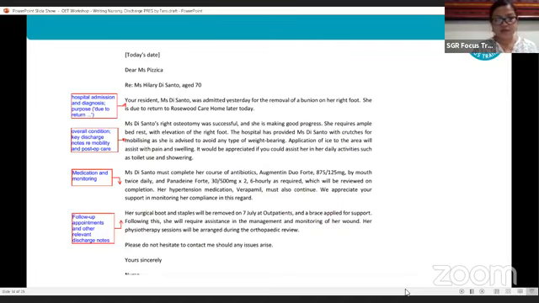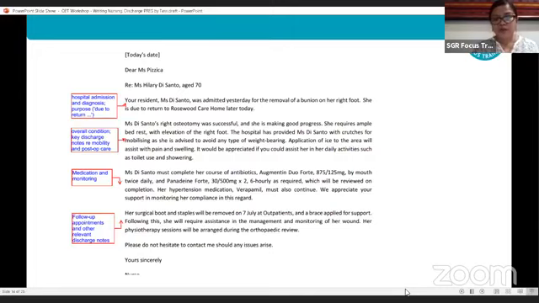And if you focus your attention on the first paragraph, you could see here that we have included the admission for Ms. DeSanto. What is the reason for the admission? And also the purpose, which is she is due to return to Rosewood Care Home.